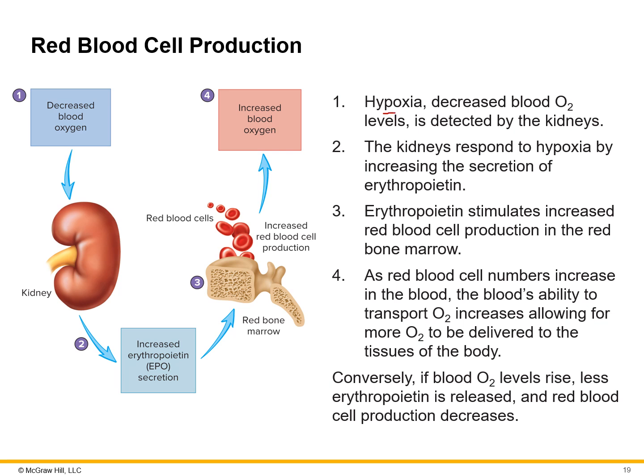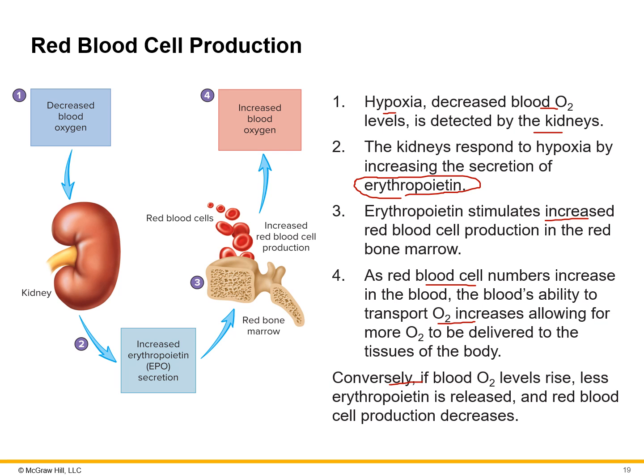So just kind of looking here at that, summarizing that red blood cell. So again, hypoxia, that low blood oxygen level, is going to be detected by the kidneys. The kidney responds by increasing the release of erythropoietin, that hormone that stimulates increased red blood cell production. Then as the blood cell number increases, the ability to transport oxygen increases, allowing more oxygen to be delivered.